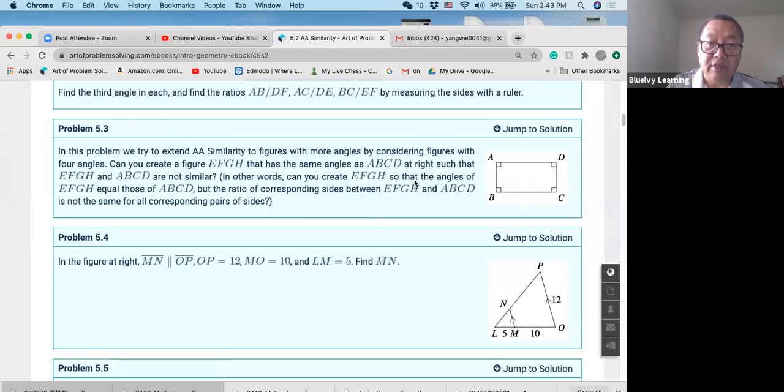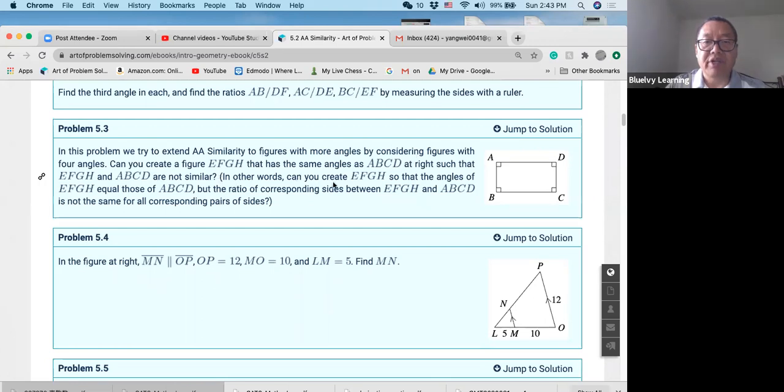Now let's see the third problem. In this problem, we try to extend AA similarity to figures with more angles by considering figures with 4 angles. Can you create a figure EFGH that has the same angles as ABCD at right, such that EFGH and ABCD are not similar?